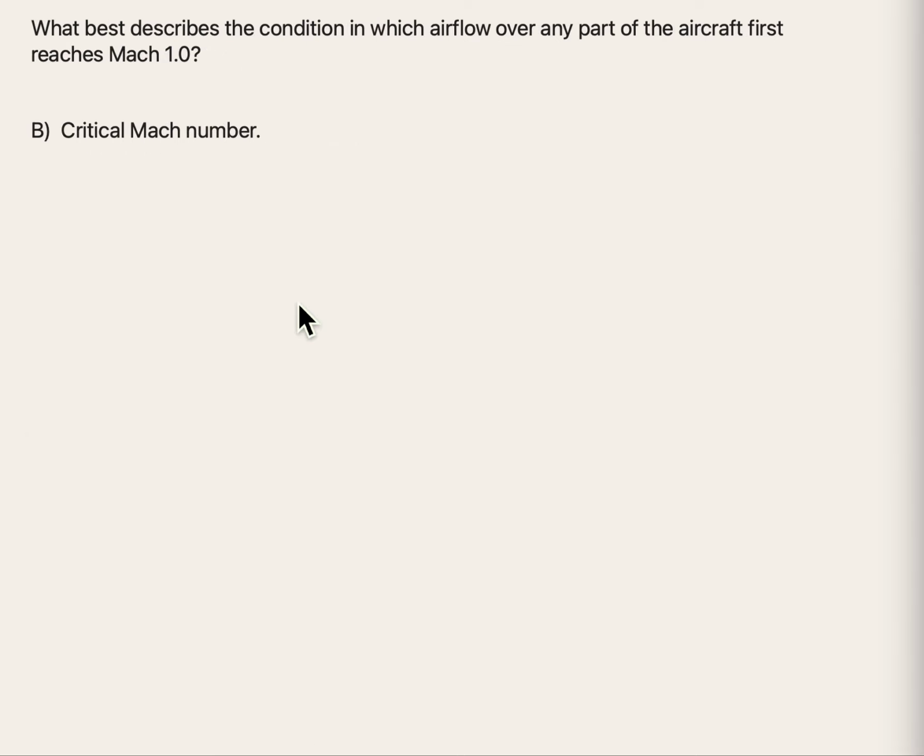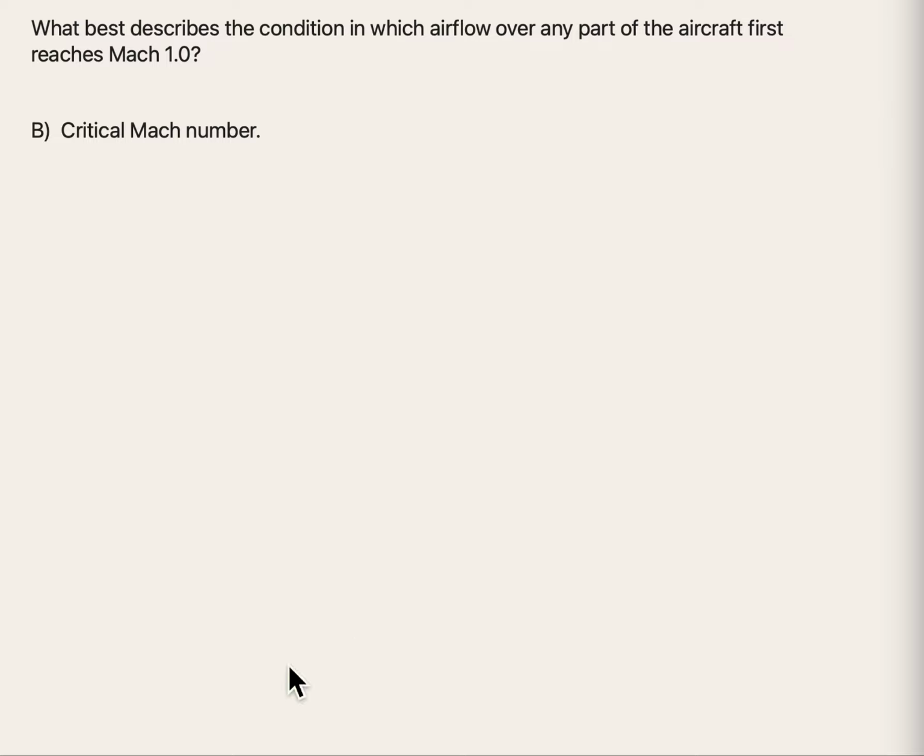What best describes a condition in which airflow over any part of the aircraft first reaches Mach 1.0? That's the critical Mach number. That's when airflow is going over the top of the wing faster than the airplane's true airspeed, because those molecules are accelerating due to, I think, the Bernoulli principle.